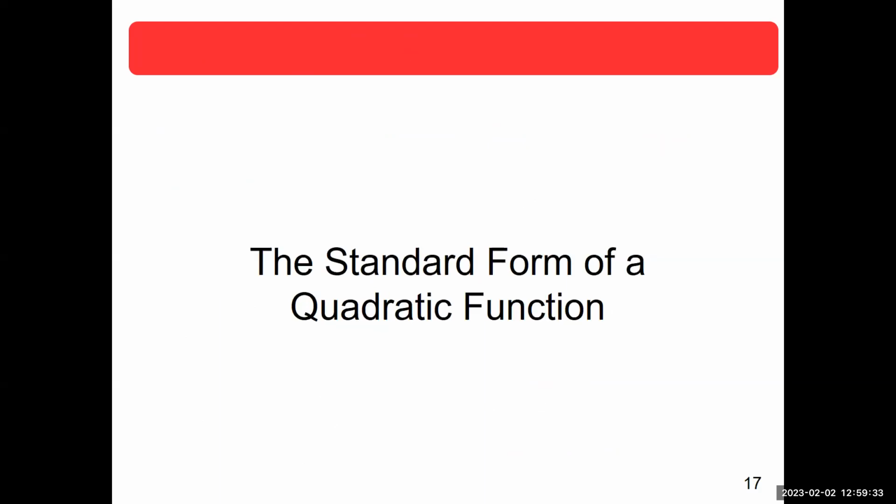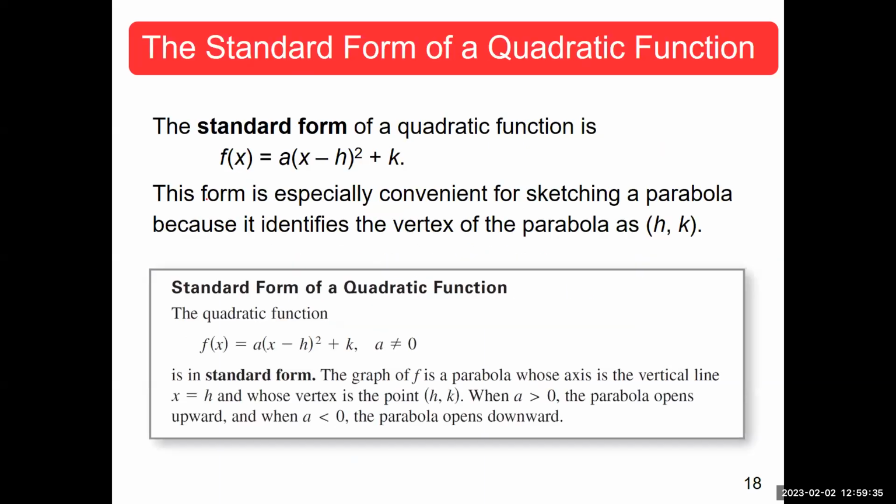Standard form of a quadratic equation. This is the standard form of a quadratic function, where h and k give the vertex. So basically, if this is negative, we make it positive.